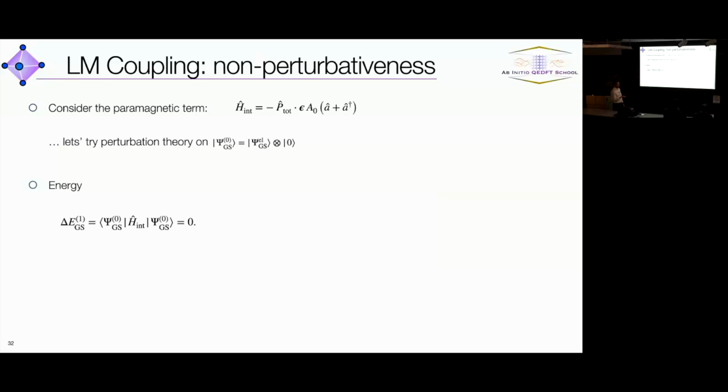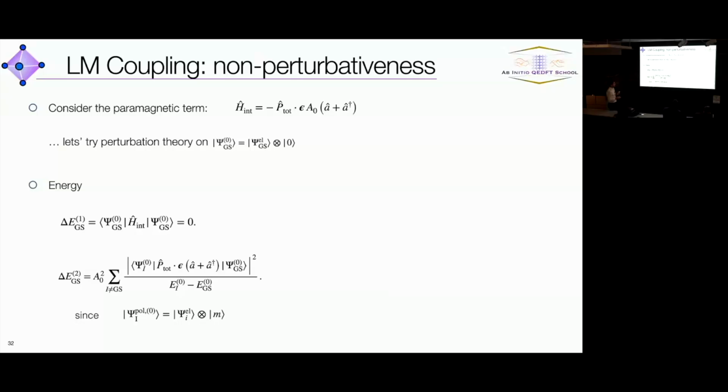Okay, good. That's fine. You do second order. Now you have to sum over excited states. The excited states should also be the unperturbed ones. But in that case, you have not only the 0 sector, but also excited photon sectors. So you have photon number 1, 2, 3, and so on.